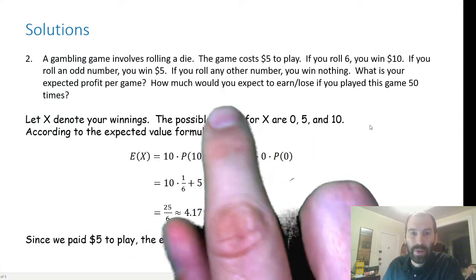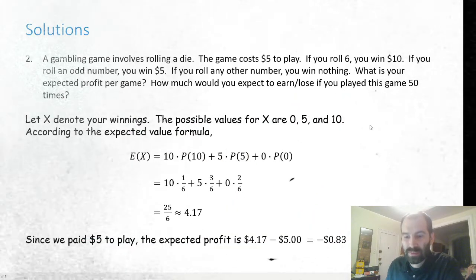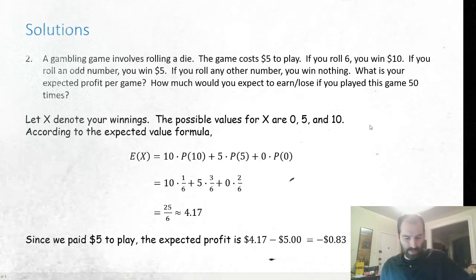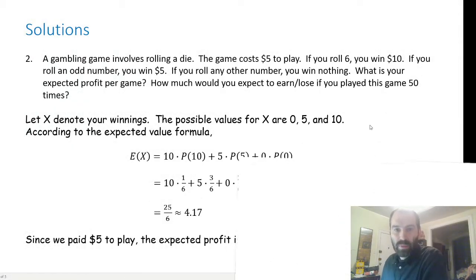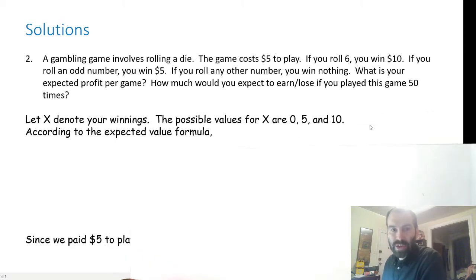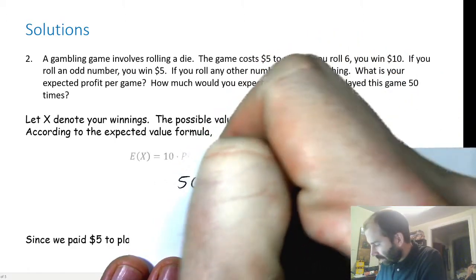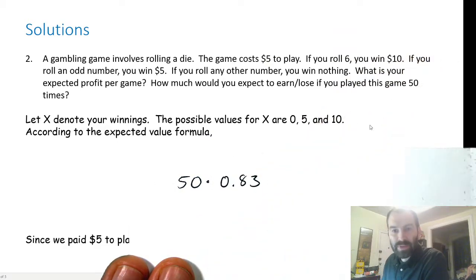Okay. Now, how much would you expect to earn or lose if you played this game 50 times? How would I compute that? Well, I'm losing on average 83 cents per game, right? Well, if I play it 50 times, I'd be losing 83 cents times 50.